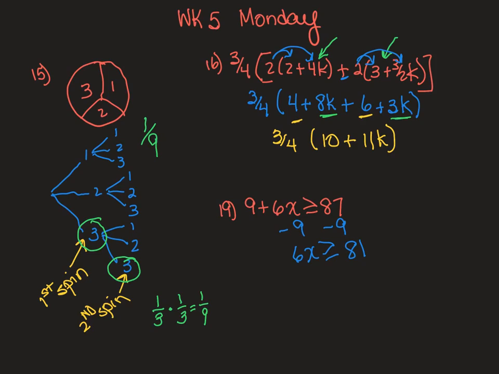Okay, now I want to know what 1x is. So if I do that, I can divide 6x by 6 because I just want 1x, but I would have to divide both sides by 6. And so you can then get what you think the answer would need to be. That's up to you. Oh, wait.